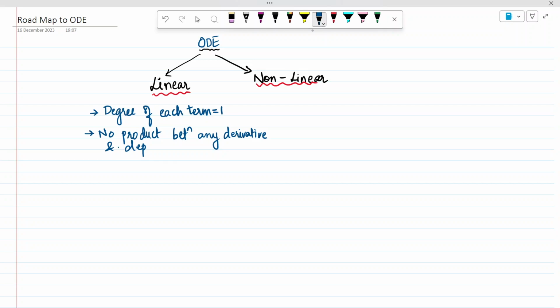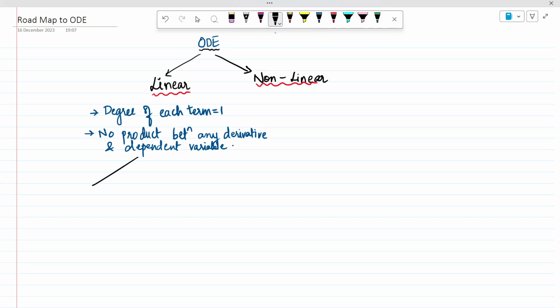Sorry, not the independent variable, the dependent variable. So if both of these conditions are satisfied, we will call such a differential equation a linear differential equation.